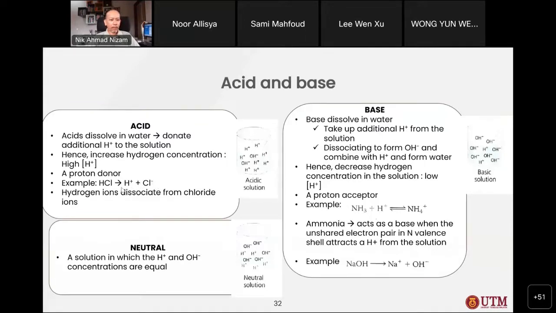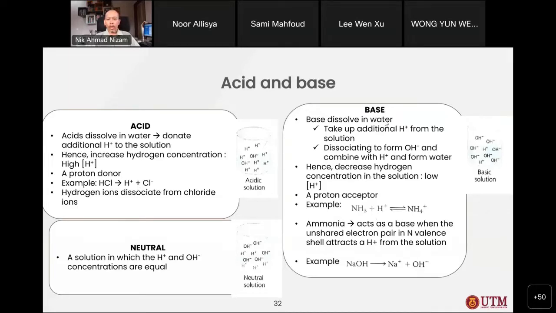So the hydrogen ion dissociates from the chloride ion, same as sodium chloride, Na+ and Cl-. So this is full charge, unlike water, which has a partial charge or is slightly charged.